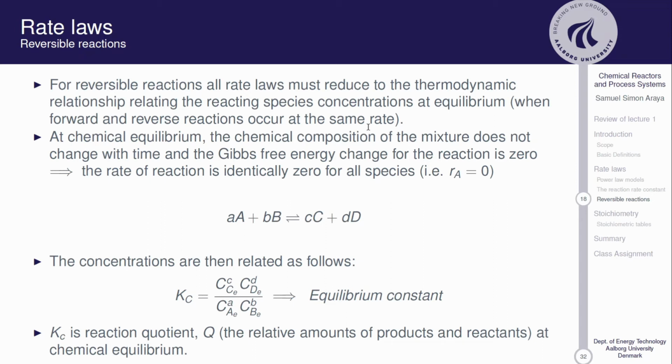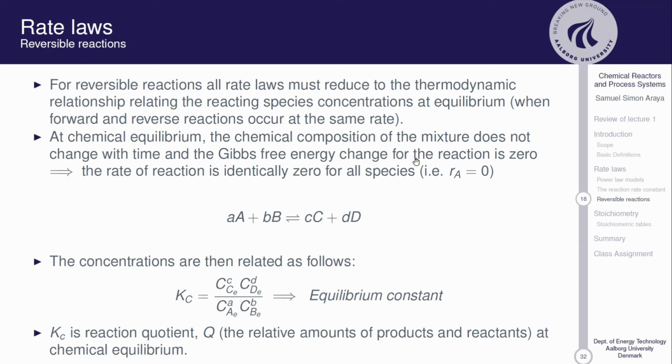Since they are equal, the products are forming at the same rate as the reactants are forming, and the effective rate is 0. The rate of reaction of each species is 0, but not because the reaction stops, it's just because they cancel each other out. So we have an equilibrium where backward and forward reactions are taking place at the same pace.